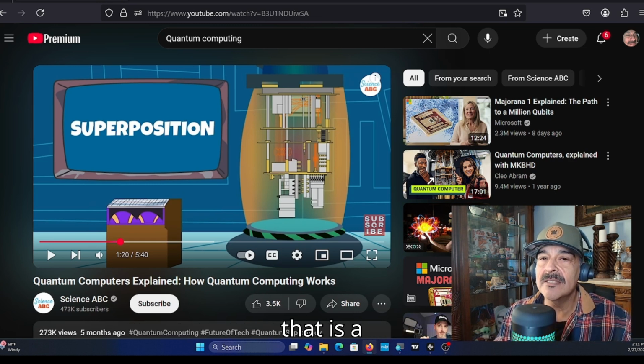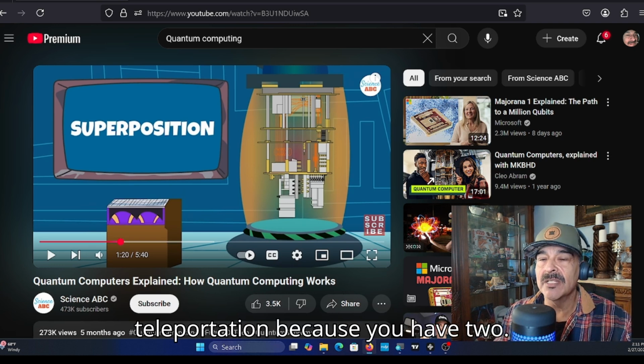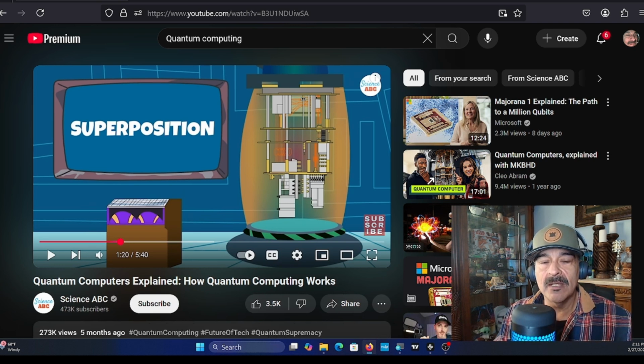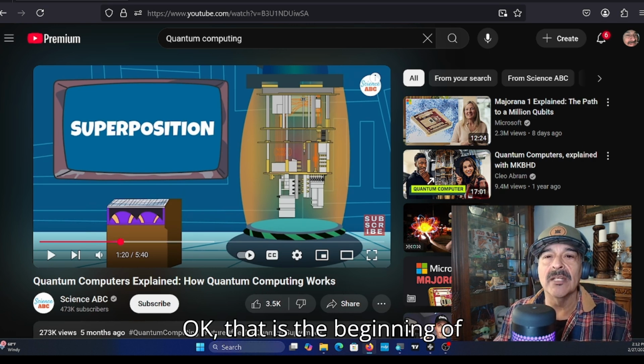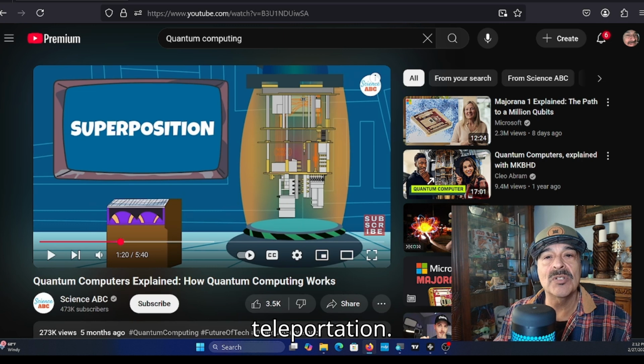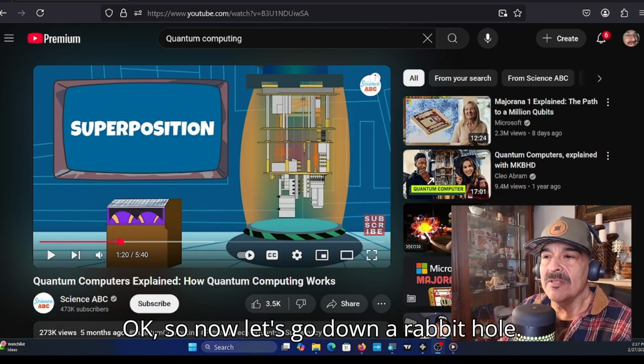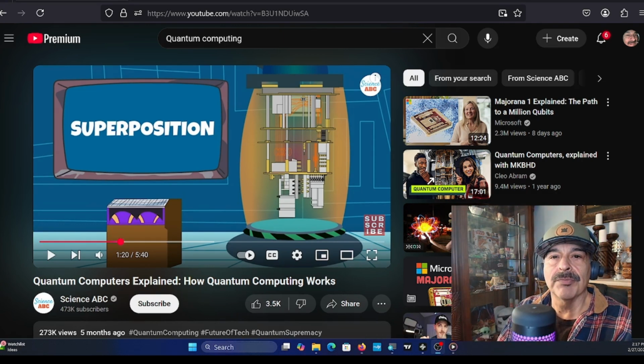Yes, that is teleportation, because you have two connections. That's the beginning of it. I said actually again. Grr. Okay, that is the beginning of teleportation.